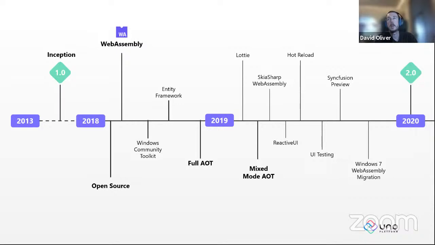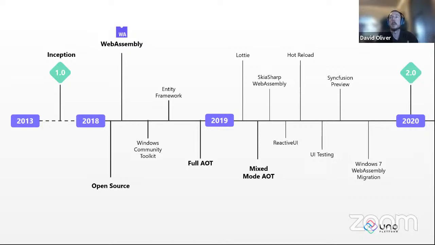So WebAssembly was quite new at the time. And if you don't know, WebAssembly allows you to run code written in pretty much any language you want natively inside the browser. And Microsoft just released .NET runtime support for WebAssembly. So we thought that that was a great opportunity.